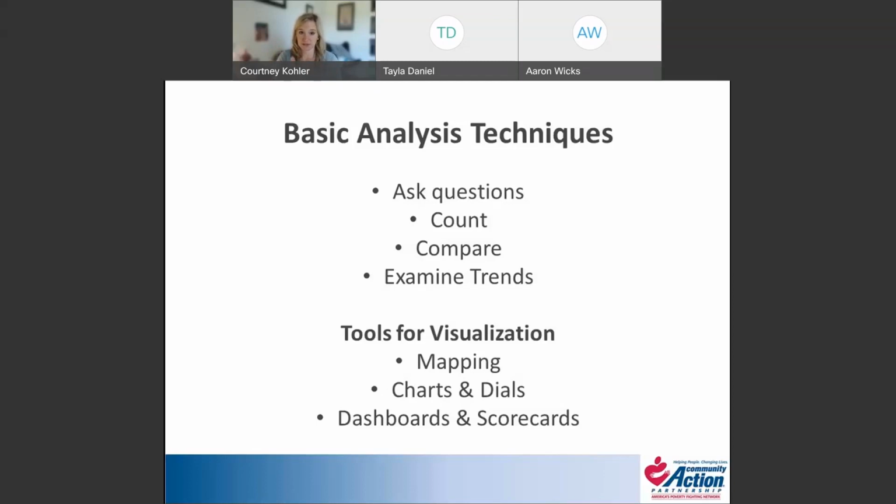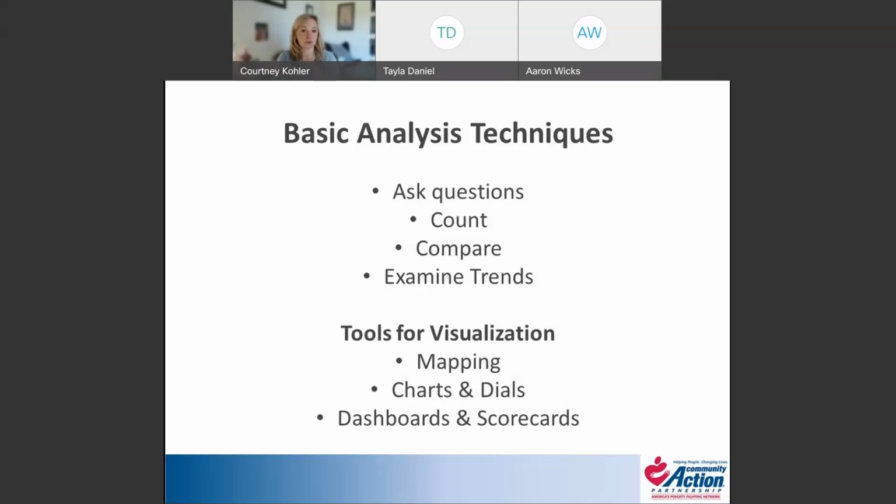Counting. Counting and aggregating numbers is a form of analysis as well, because then you're able to see how the sum of things add up, and then you can start to compare things as well, whether you're comparing data across programs, or across counties within your service area, demographics.